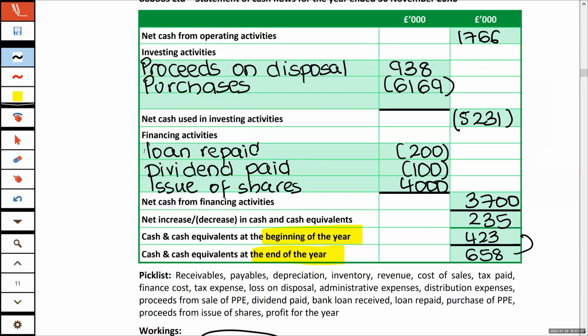And please do this calculation where you add this, minus this and add that. I'm hoping it comes to 235. And it does. And that says we have done our cash flow.